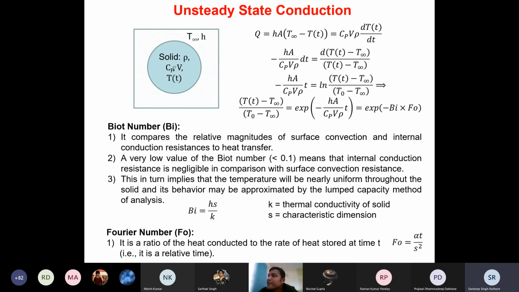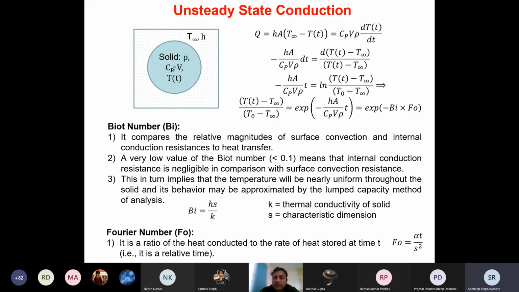Okay, this is a common question asked in interviews. What is the difference between Biot number and Nusselt number? Both have the same equation. The difference is the thermal conductivity used in the Nusselt number is the thermal conductivity of the fluid, whereas the thermal conductivity used in the Biot number is the thermal conductivity of the solid. Do you all agree with me?